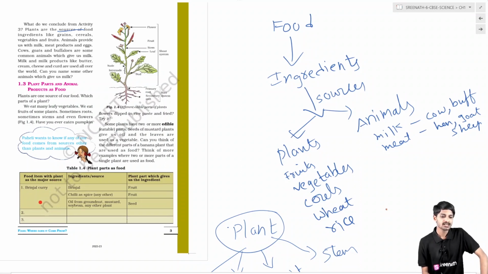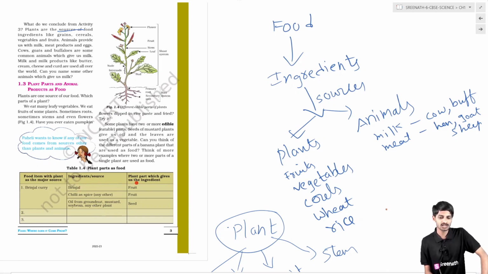Here, to prepare a brinjal curry, what are the ingredients required? Brinjal, chili as spice, and oil from groundnut, mustard, soybean or any other plant. Now these are the ingredients. These sources are either plant source or animal source.